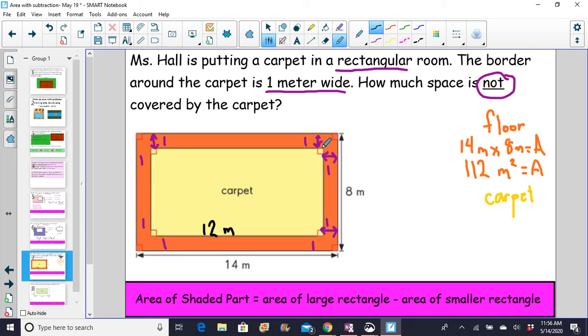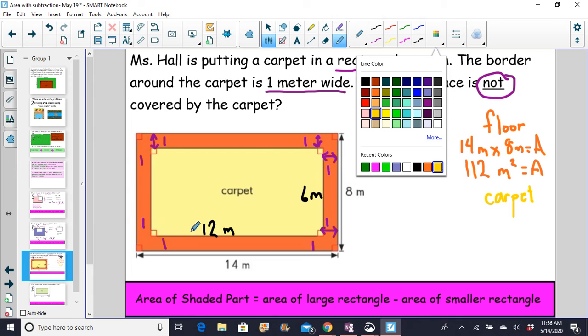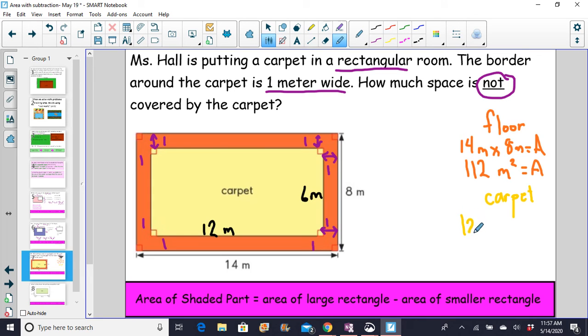So 8 minus 1 is 7, minus another 1 is 6. So my carpet now has a length of 12 meters and a width of 6 meters. So 12 meters multiplied by 6 meters, and that will be the area of my carpet.